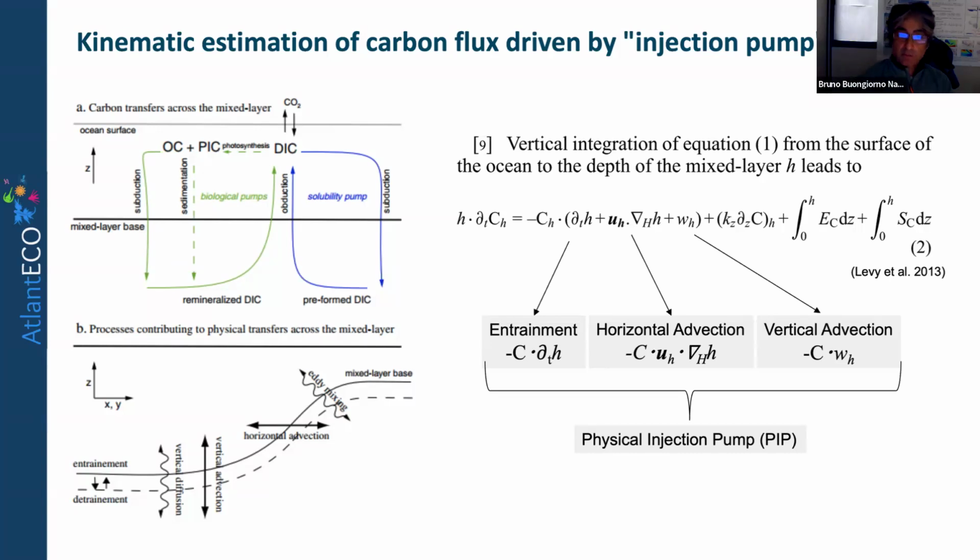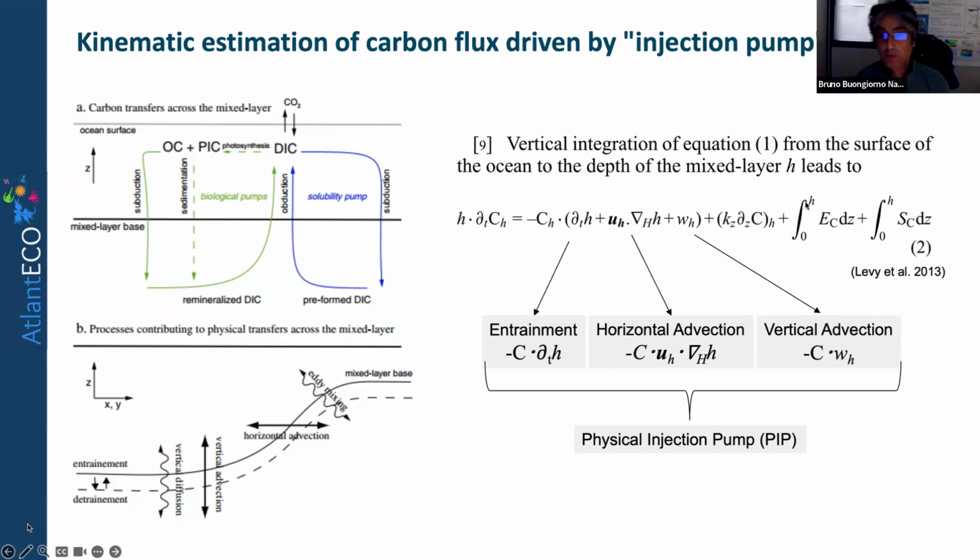If we consider the variations over the upper layer of the concentration of, in our case, POC, this can be described by an entrainment component, which is simply the variation of our reference depth. Very often what is taken is the mixed layer depth. So it's the variation of the mixed layer depth plus the flux through the mixed layer base that occurs both horizontally and vertically of the POC.